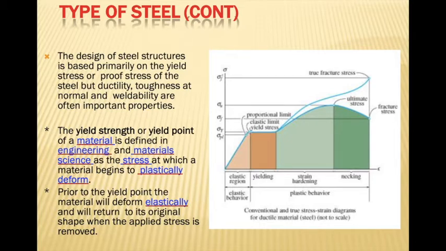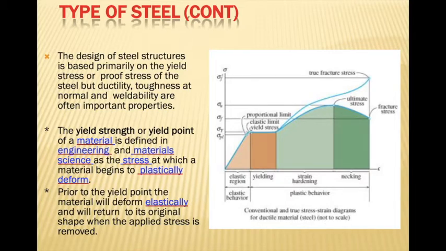Then when we release the pulling force, it will not go back to its original length, but has elongated. It is much longer in comparison to the original length. That is the point that we consider as the yield stress. This is the point where we take the yield strength.